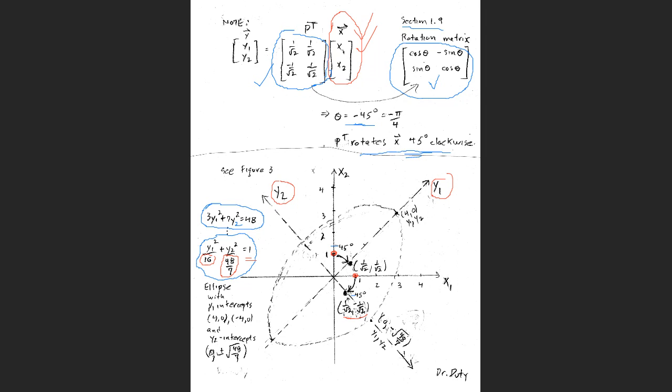Well, the ellipse then is going to have y1 intercepts. Being that there's a 16 under the y1 squared, the y1 intercepts are going to be 4, 0, and negative 4, 0.